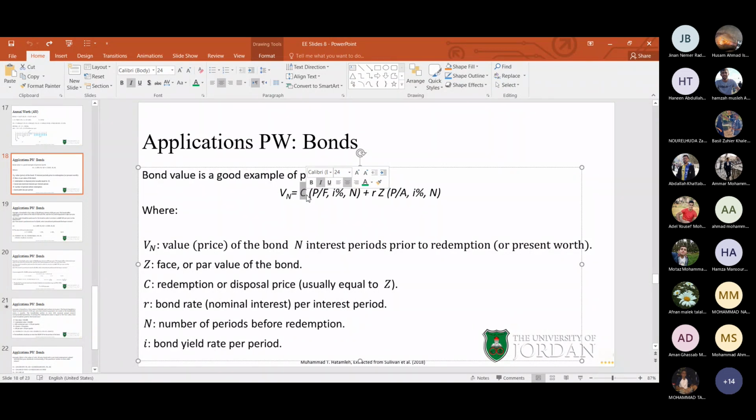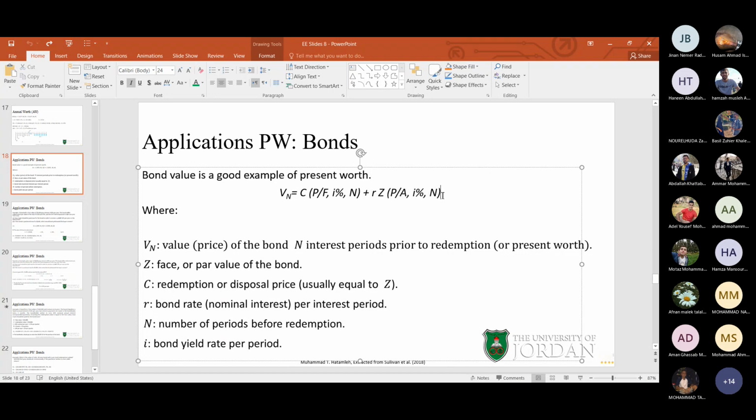So if I want to calculate the present worth, I'm going to multiply it by find P given F. We will have the face value of the bond, the amount of money that you're going to pay in order to acquire the bond, multiplied by the nominal rate, which would govern the installments that you will get throughout the lifespan of the bond. Basically, it's going to be an annuity. So in order to convert it to present, I'm going to multiply it by find P given A.